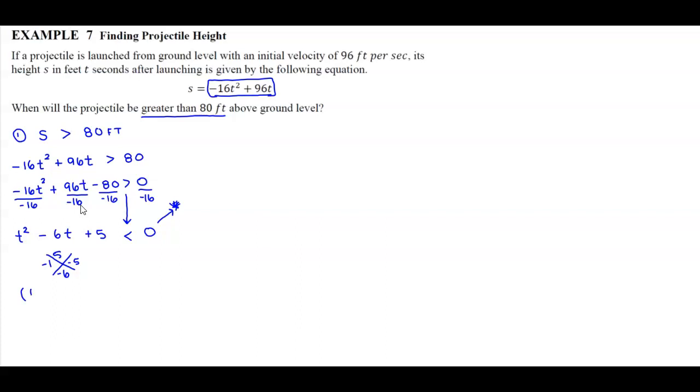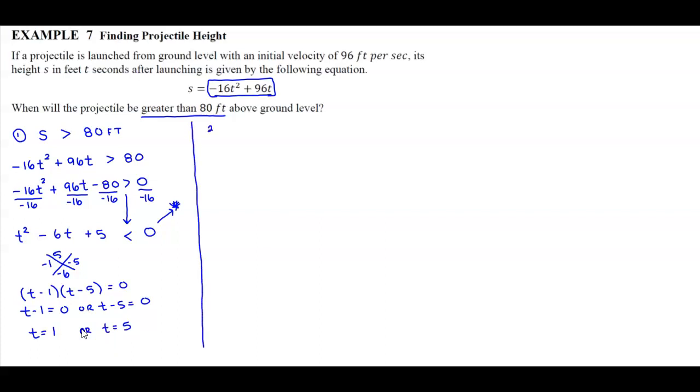So when we factor this, we get t minus 1 times t minus 5 equal to 0. So t minus 1 equals 0, or t minus 5 equals 0. That means t is equal to 1, or t is equal to 5. So now we found our testing points.